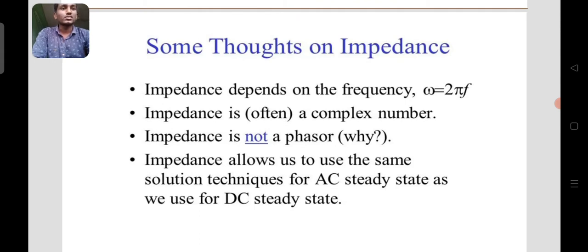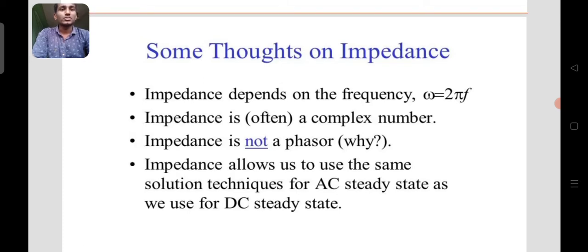So here you can see some points on impedance. Impedance depends on the frequency, denoted using omega equal to 2 pi f, and impedance is a complex number. Impedance is not a phasor. Impedance allows us to use the same solution technique for AC studies as we use for DC steady state.